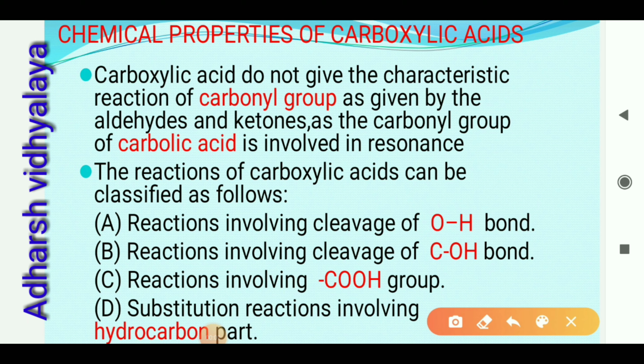Reactions of carboxylic acids are classified into four different types. First one is reactions involving the cleavage of the O-H bond. In a carboxylic acid, C double bond O, OH group, some reactions take place due to the cleavage of this oxygen and hydrogen bond.